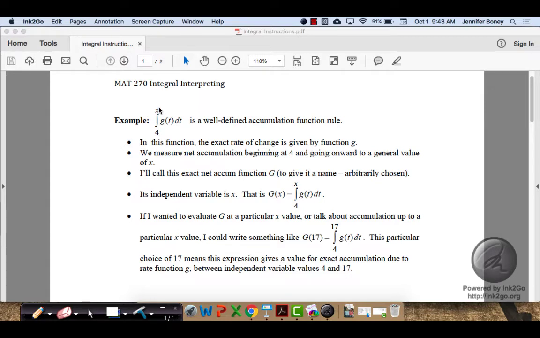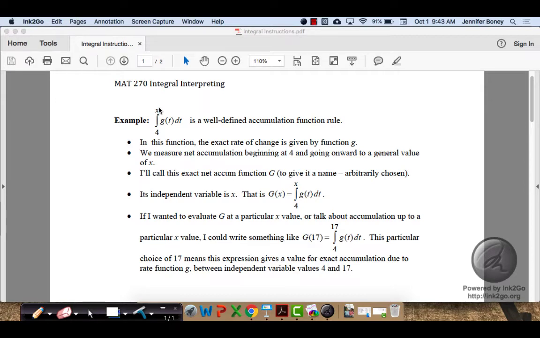So we let our rate function g have all the independent values of its variable between 4 and whatever we want. And we call the variable that does that t, because I want x to be an independent variable of my accumulation.